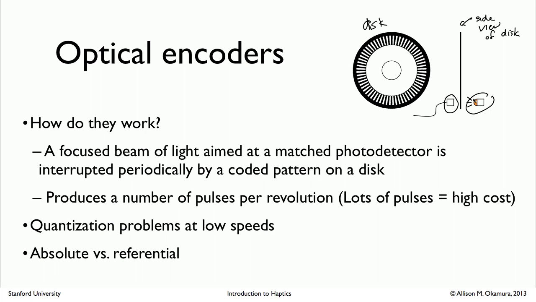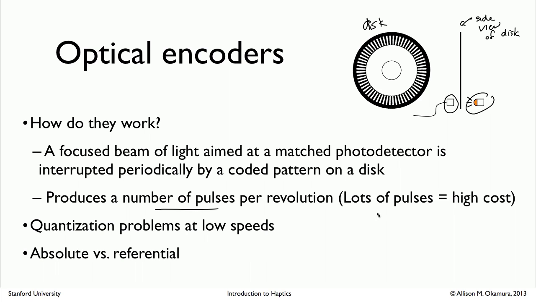The LED is going to make a connection with the photodetector whenever one of these white patches is in front of it. And what this does is produce a certain number of pulses per revolution on the photodetector. So you can get discs that are very high resolution that have, say, 500 of these little slits all the way around the perimeter.